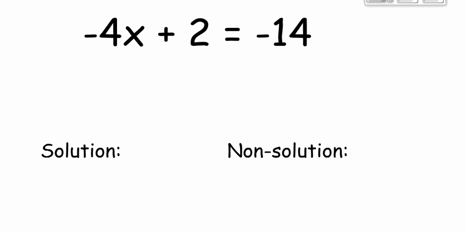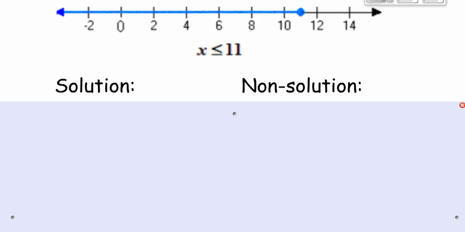All right. So number lines, we talked a little bit about those yesterday, about solutions and non-solutions on number lines. So my inequality says x has to be less than or equal to 11. So a solution would be any number that's less than or equal to 11. So a solution would be this part of the shaded graph.